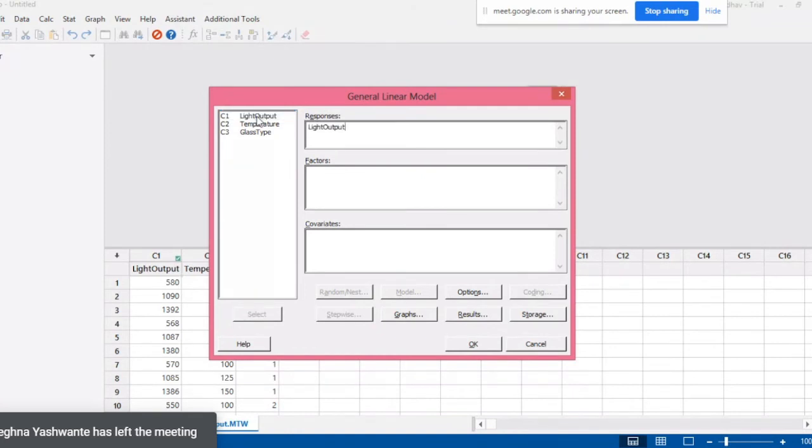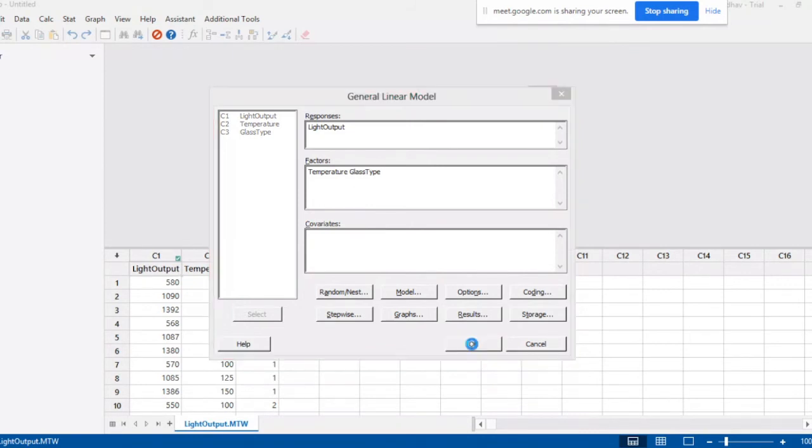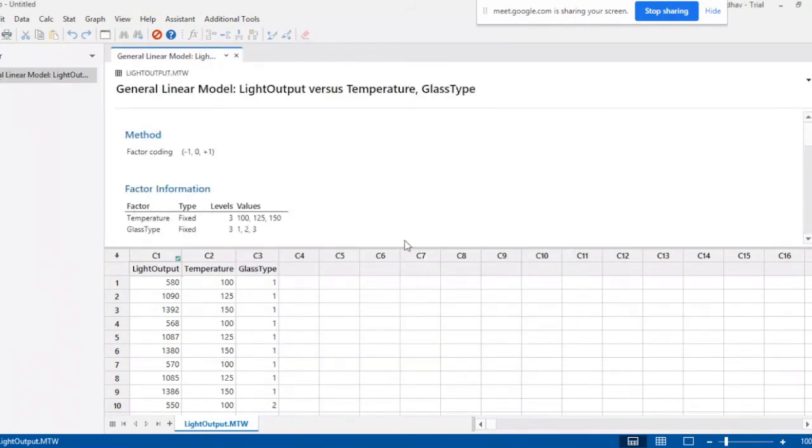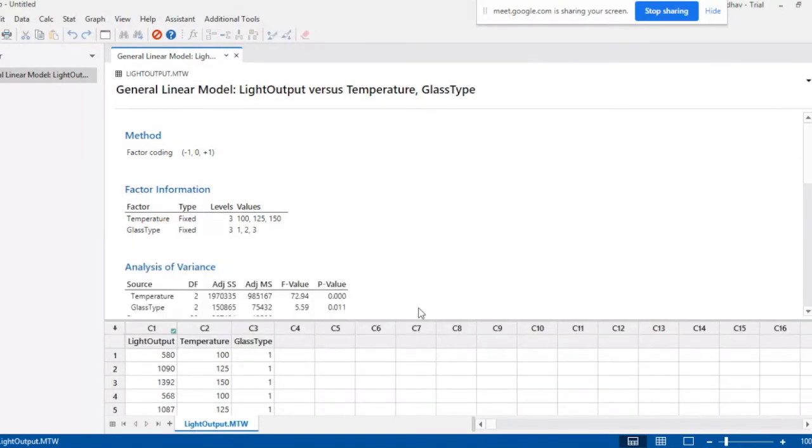Select light output as the response, and temperature and glass type as the factors. Okay, click OK. So here you will not get any graph.